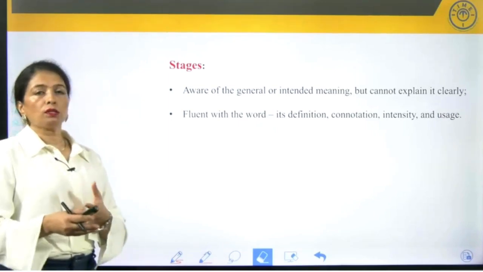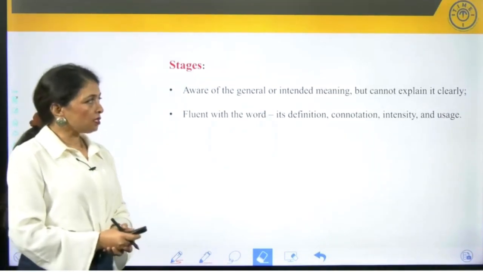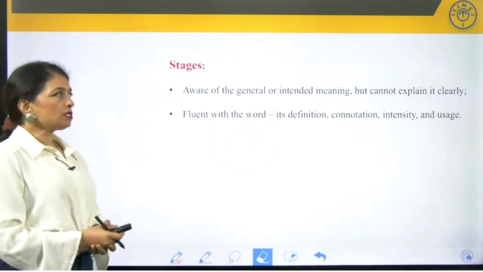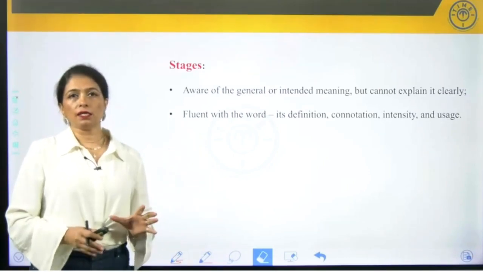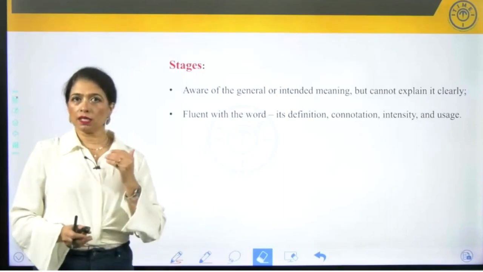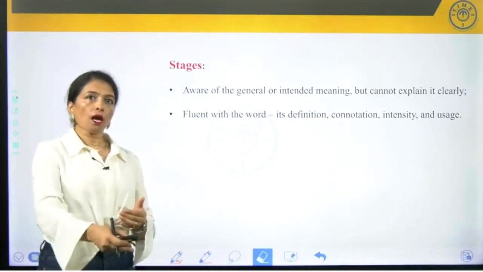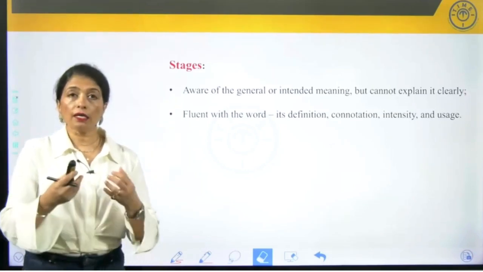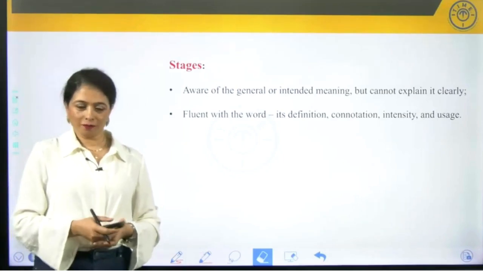We know what they connote, positivity, negativity, or neutrality, the intensity of these words, and of course their usages. So, this is that stage when we're comfortable with whatever we know. There are so many stages that I've taken you through, and when we start putting our foot forward to start learning new words, then we have to cross each of these stages.